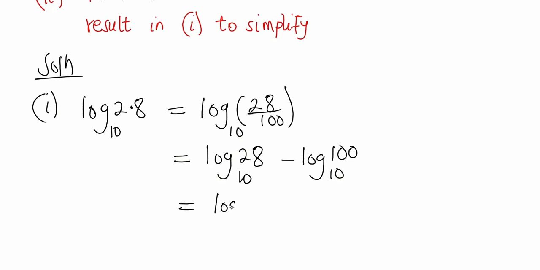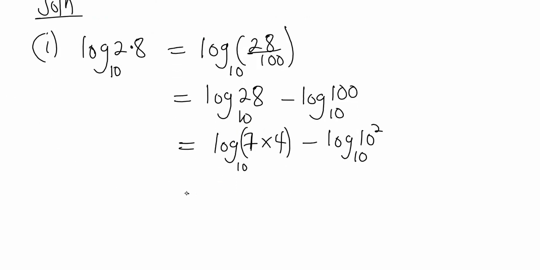So at this point we have the logarithm of 7 times 4 base 10, and then we know that 100 can be written as 10 exponent 2 base 10. So looking at the logarithm of 7 times 4 base 10, it can also be expanded by using the laws of logarithm, and here we are going to have the log of 7 base 10 plus the log of 4 base 10.